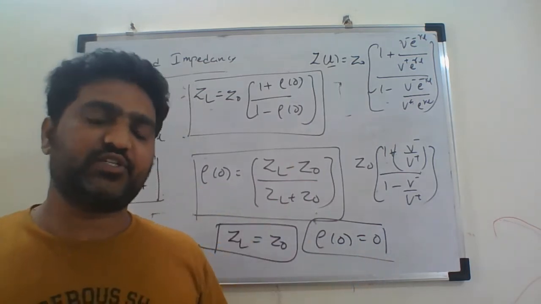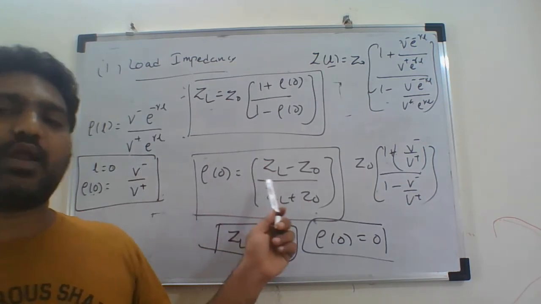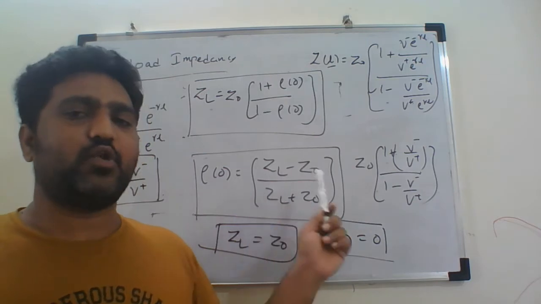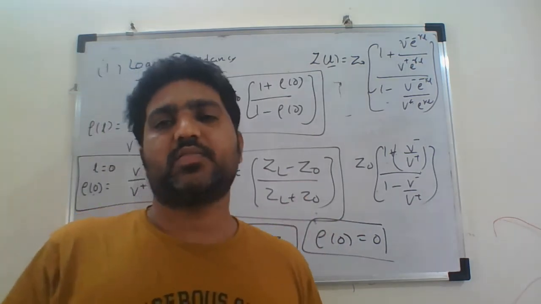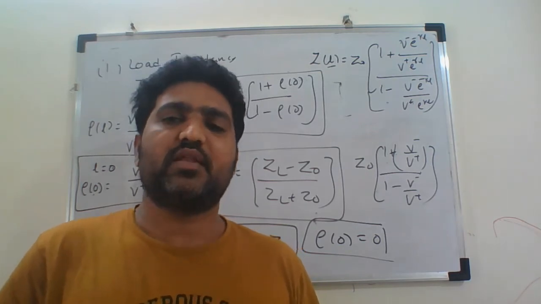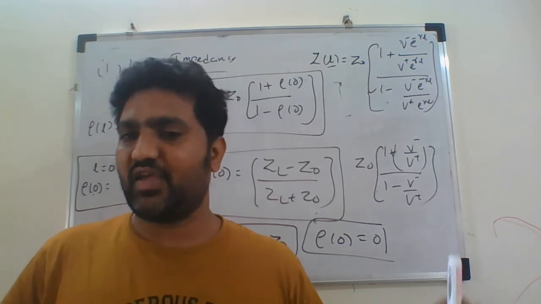There will be no reflections in the transmission line whenever you match the load impedance with the characteristic impedance. If the two are matched, the transmission line has no reflections, the reverse component is 0, there are no standing waves, and only the forward wave exists.